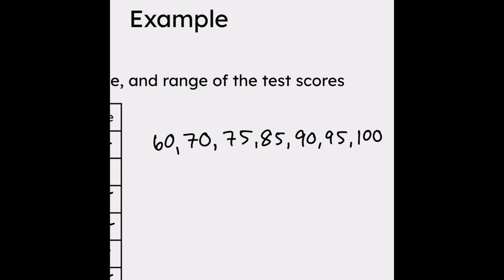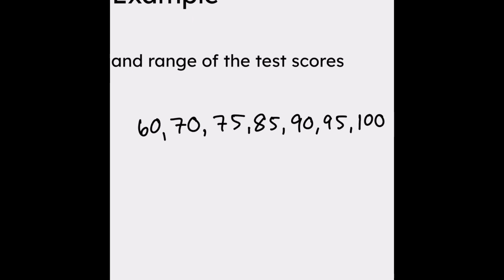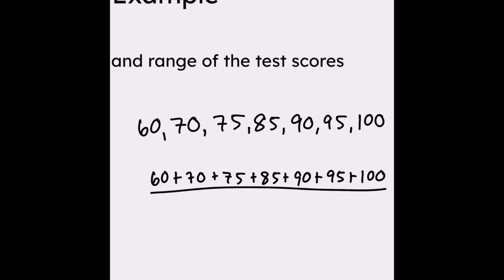Okay, so let's start with the mean. First notice how there's 1, 2, 3, 4, 5, 6, 7 values. So I'm going to add up all these values, 60 plus 70 plus 75 plus 85 plus 90 plus 95 plus 100, and I'm going to divide by 7 since that's the number of values that we have.